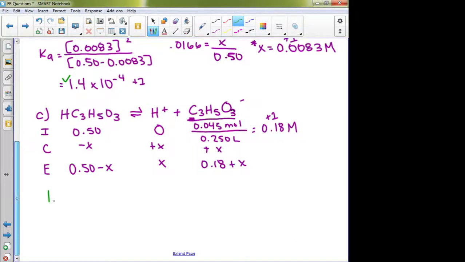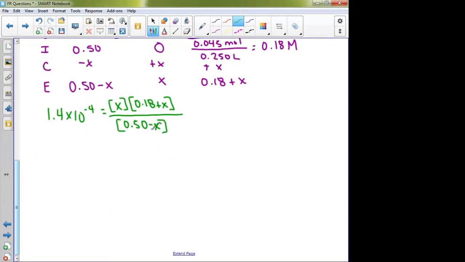So my Ka is 1.4 times 10 to the negative 4 is equal to, what's going to go on top? Your product, so you got a point, 0.18 plus x. Excellent. And x divided by 0.50 minus x. What am I going to do next? Neglect the x's. Neglect the little x's that would make my life miserable. So now can I solve for x? Yes.